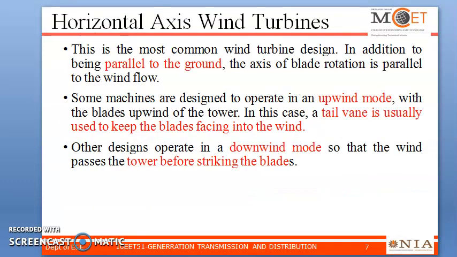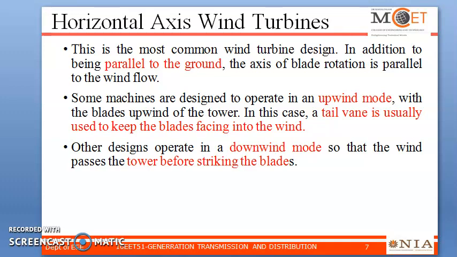Next we are going to see the horizontal axis turbine. It is placed parallel to the ground structure, and it operates in upwind mode. Upwind mode means the blowing wind produces high pressure through the blades, so it converts a higher level of energy through the wind blades.